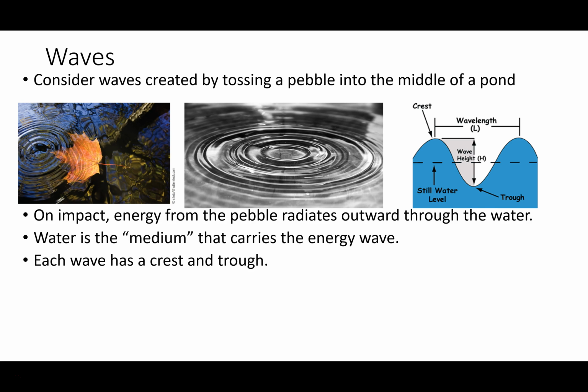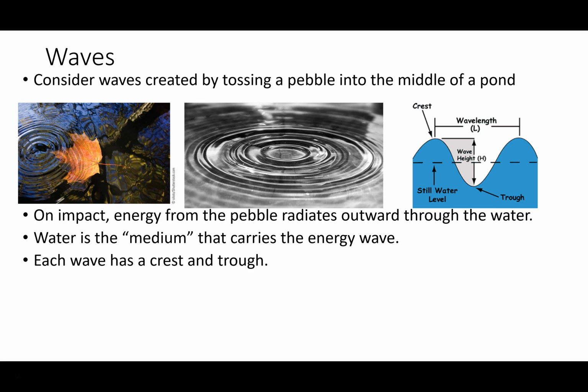Like she said, the bumps, the top things, are the crests, and the bottom things are the troughs. An important thing that she talked about was the distance between crests. Honestly, you could use the distance between troughs, and it's the same thing. That's what's called the wavelength.